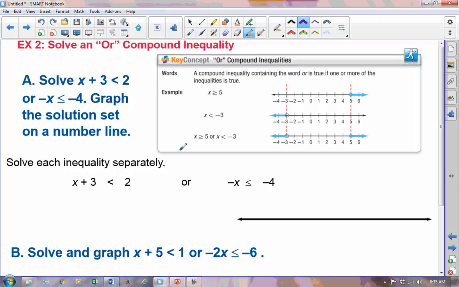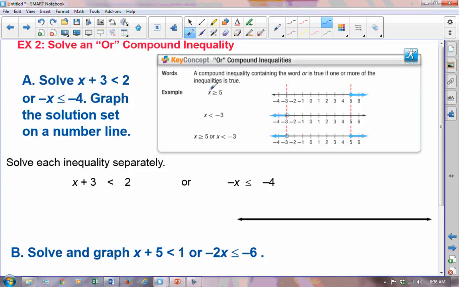All right, we are going to solve now an or compound inequality. It doesn't matter if they are both the same or not. A compound inequality contains the word or and is true if one or more of the inequalities is true. So basically it's everything, whether they have something in common or not.